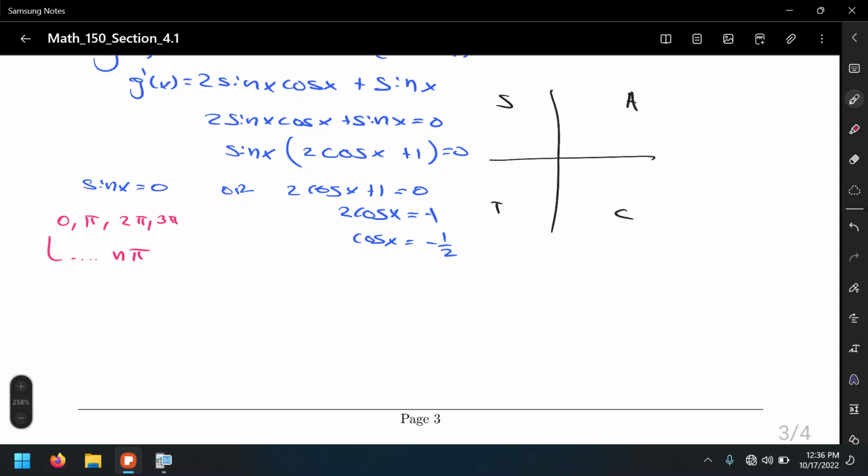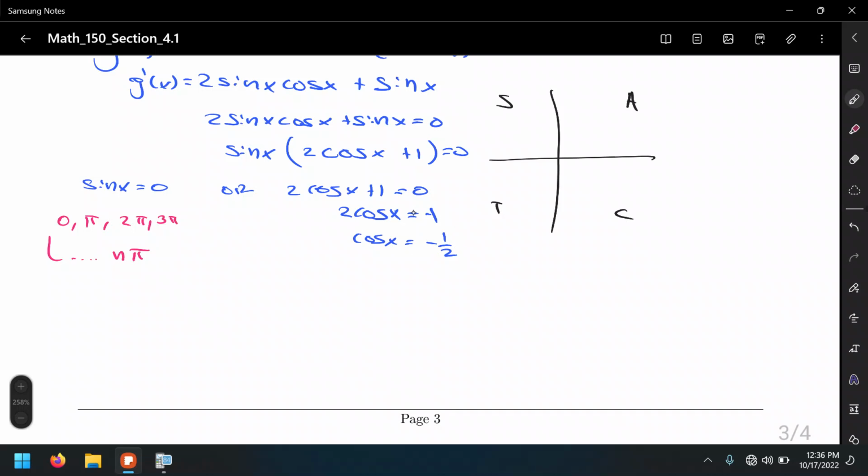Here, this S means that sine and its reciprocal cosecant are positive. Everything else is negative. T stands for tangent. That means that tangent and its reciprocal cotangent are the only positive trigonometric functions. Everything else is negative. And on the fourth quadrant, that C stands for cosine, and also its reciprocal, secant, are positive, and everything else is negative.